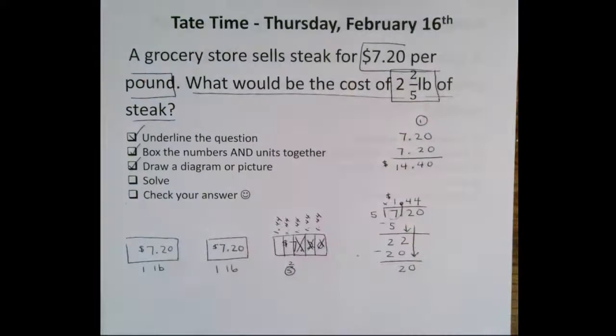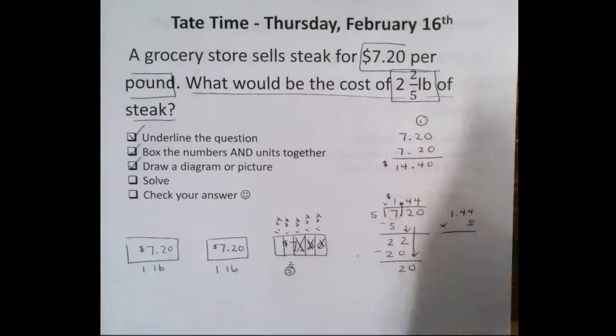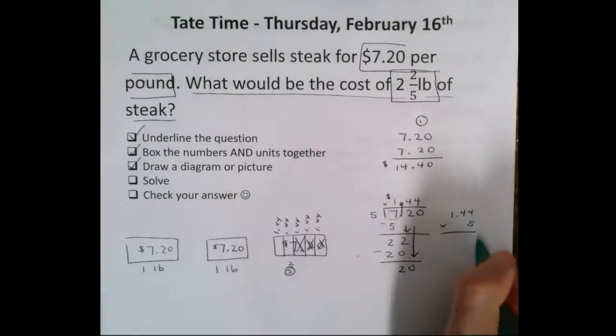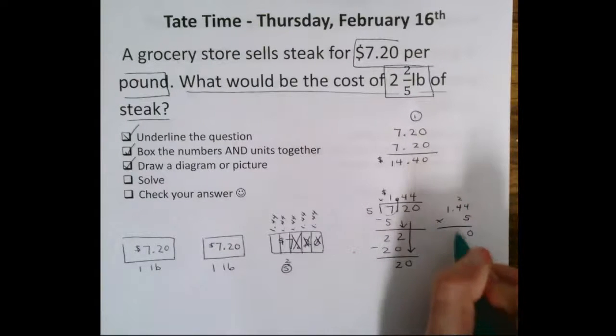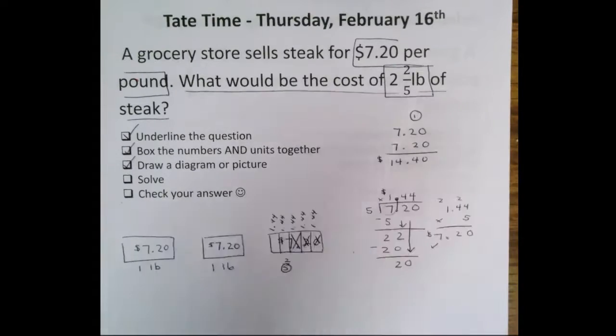That means that each fifth is $1.44. Let's check it out. 144 times 5, because I'm saying that each fifth of a pound of steak is going to cost me $1.44. This would be 20, we group the 2, 20 again, $7.20. So that's me checking it and being careful.